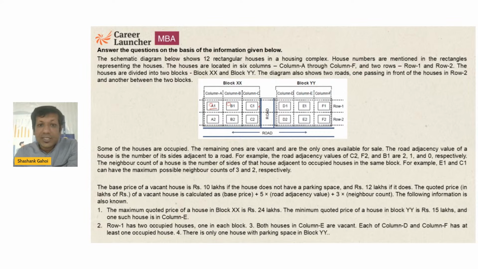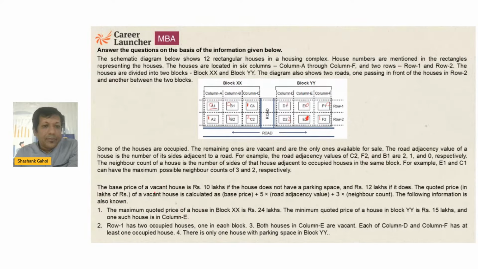C1 is adjacent to one road, so it is 1. For C2 it should be 2. B2 is 1, A2 is 1, and so on. D1 is 1, D2 is 2, E2 is 0. This is 1, this is 0, this is 1, and this is 0.